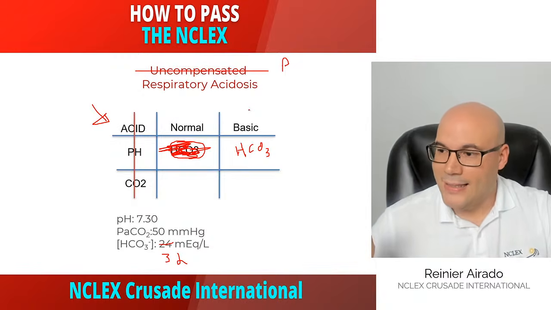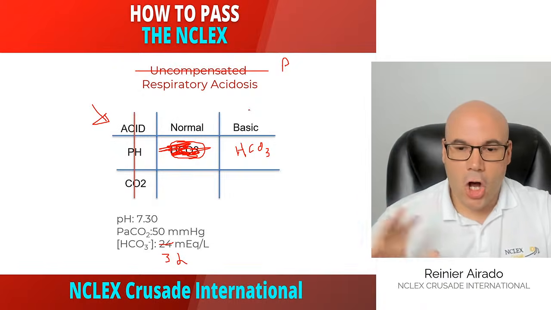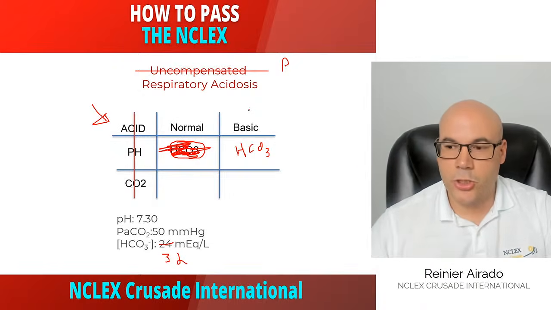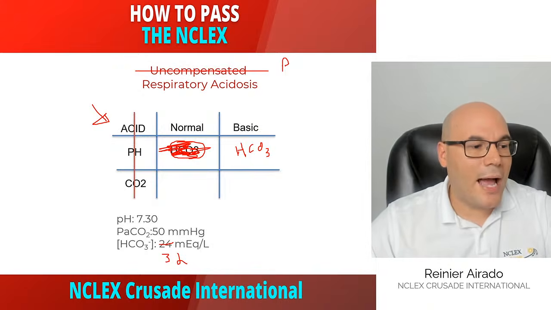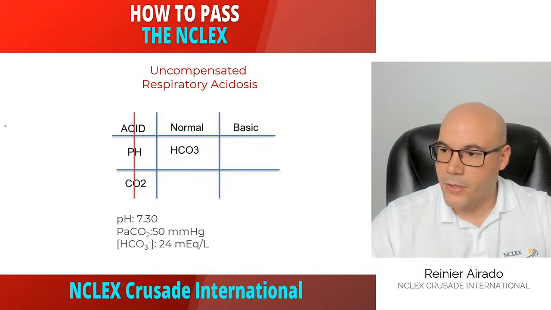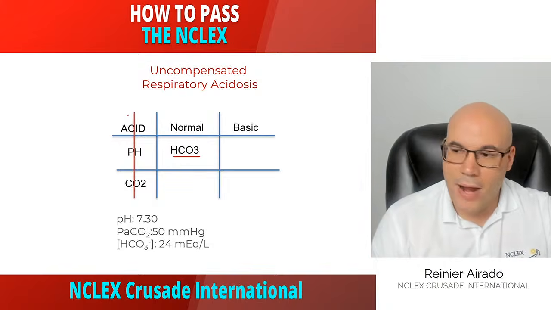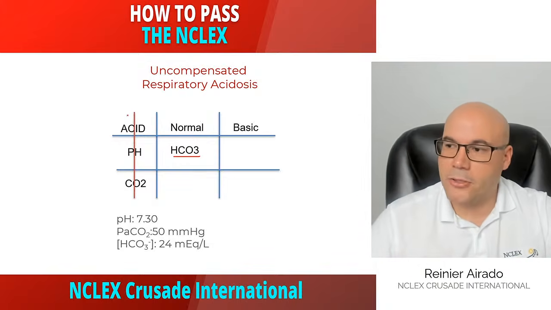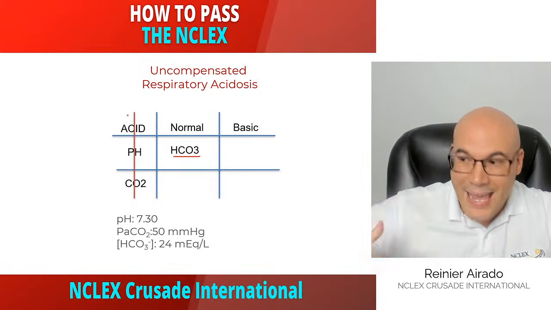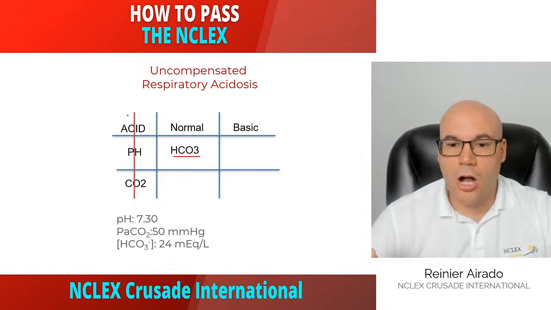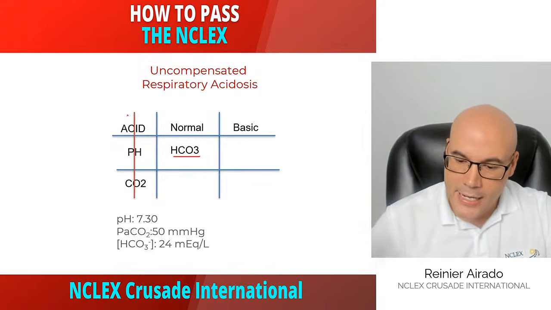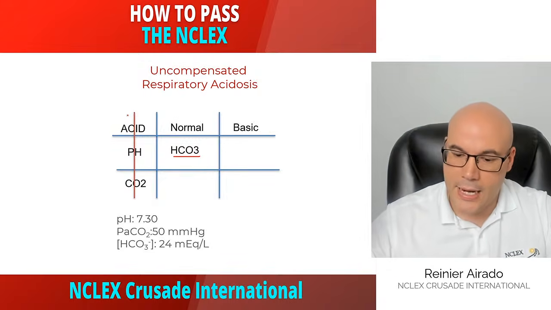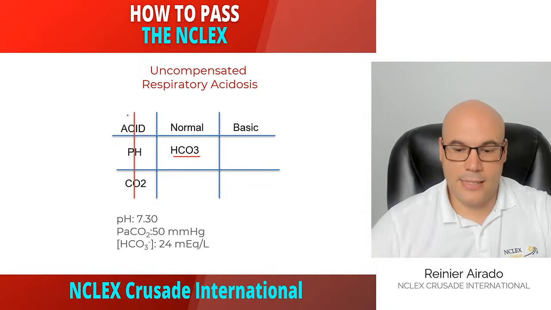If you see that the bicarbonate is on the opposite end of CO2, then you know that there is some kind of compensation. So this is the normal scenario. HCO3, normal range. CO2 in acidosis. pH in acidosis. We have a respiratory problem. It's called respiratory acidosis, and the bicarbonate, instead of going to basic to compensate, is normal. That is called uncompensated respiratory acidosis.